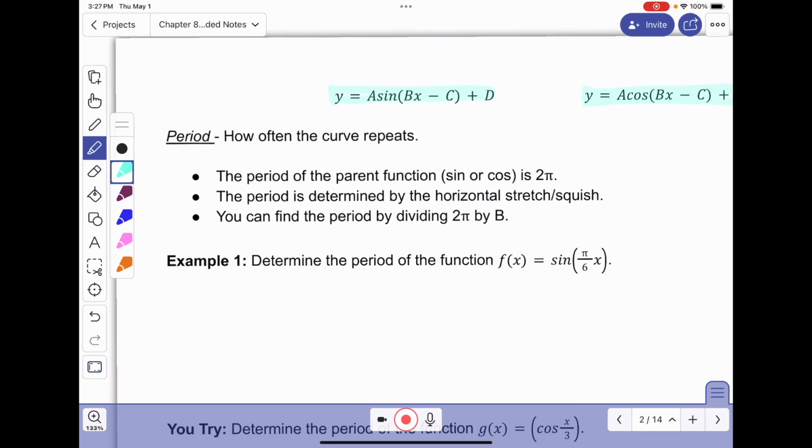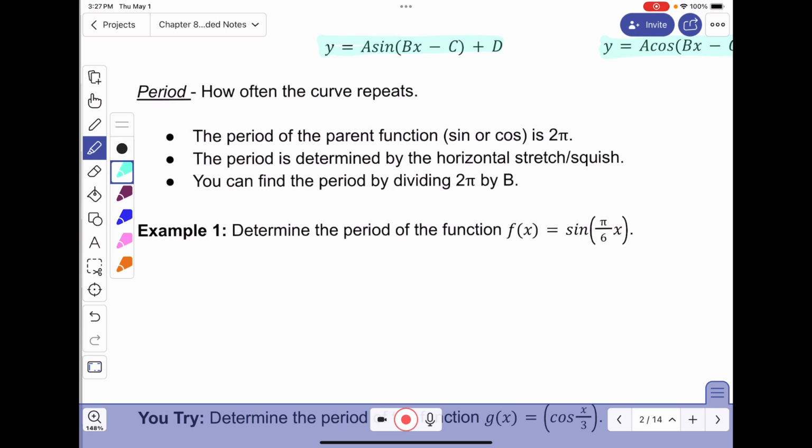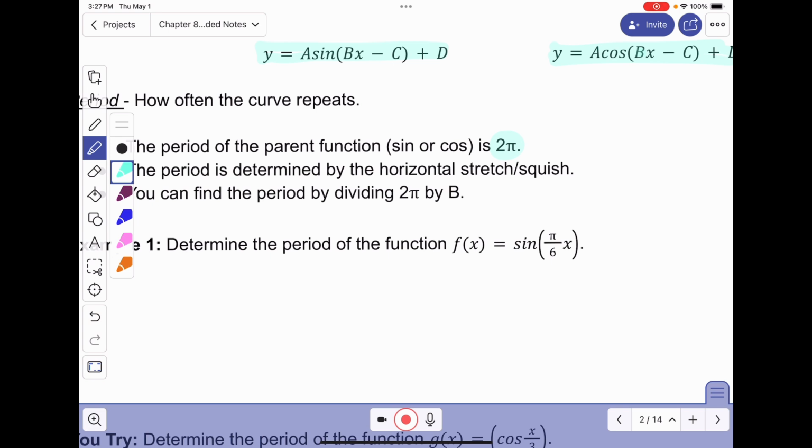The period of the parent function is 2 pi. Depending on what happens with b in our equation, it's going to change the period of the graph. That's the horizontal stretch or squish.